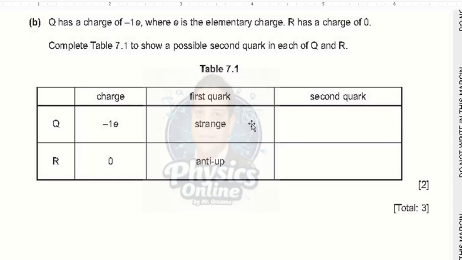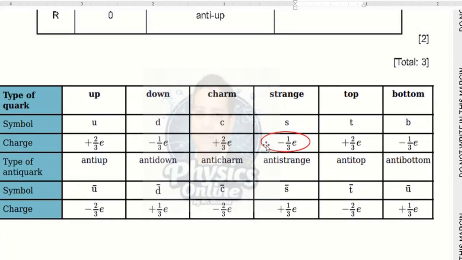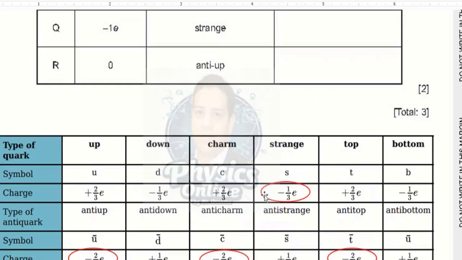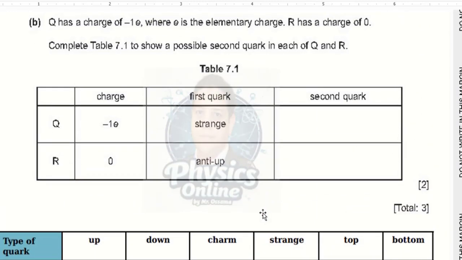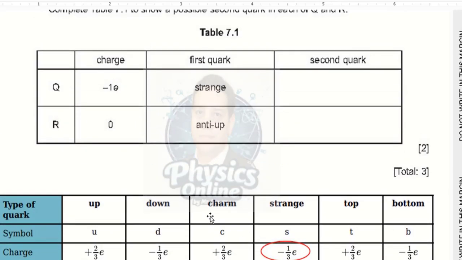If we check the table of the quarks, the charge of strange is -1/3. We complete this with a charge from antimatter to become -1. So we need -2/3. We find -2/3 in anti-up and anti-charm and anti-top. So for the second quark we can choose any one of them.